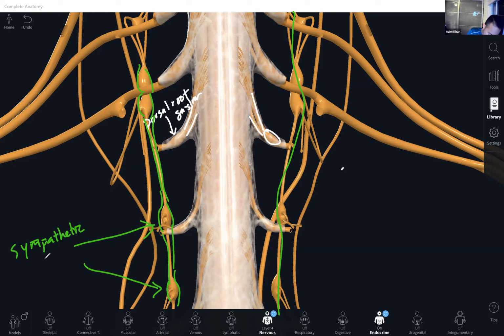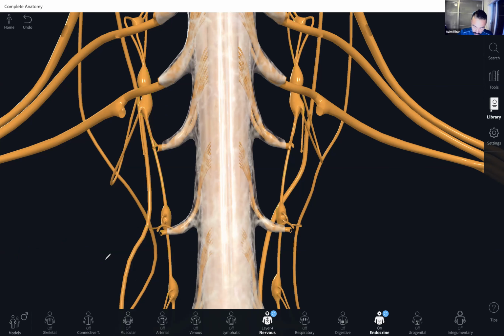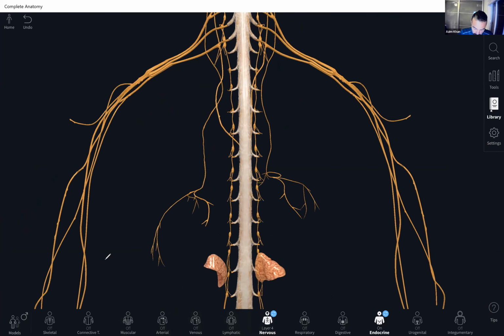Those are sympathetic chain ganglia. You can see the adrenal glands here on either side. Let me go back to the anterior view.